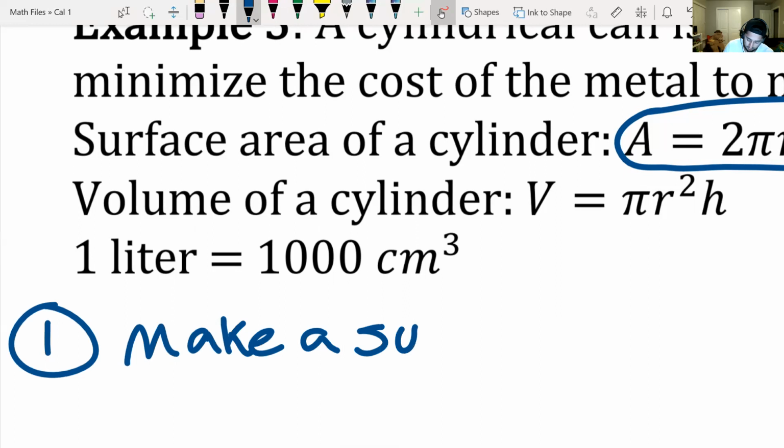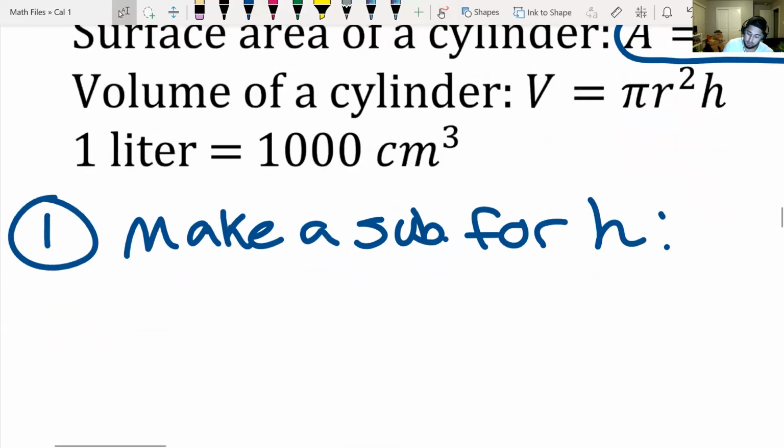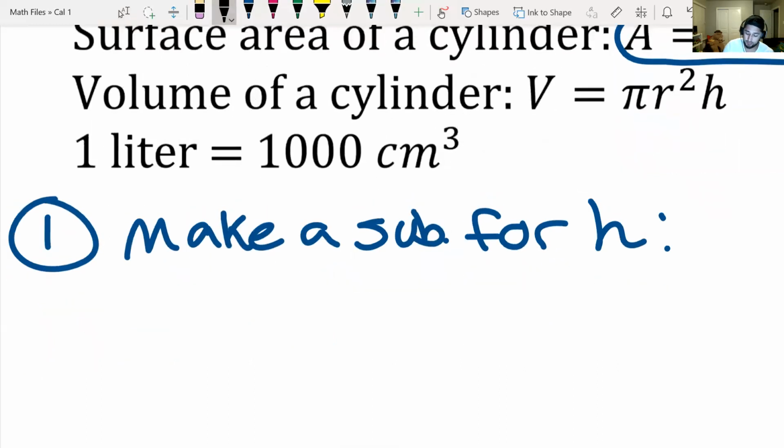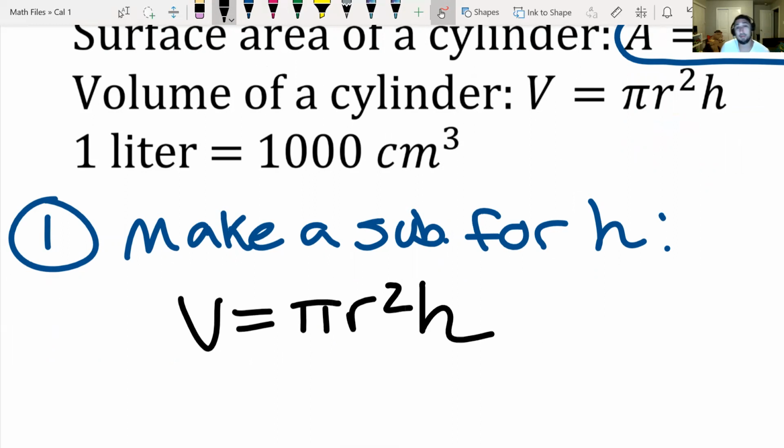Make a substitution for h. And what we're going to use is that formula above for volume. Volume equals pi r squared h. Well, we know that we want this can to hold a liter of oil, a liter of cola, okay?